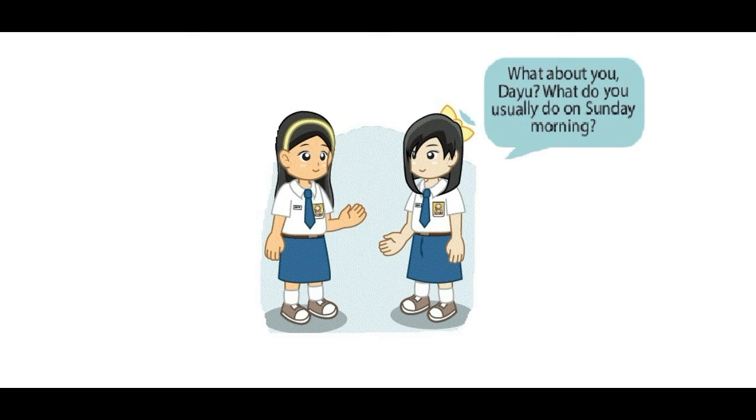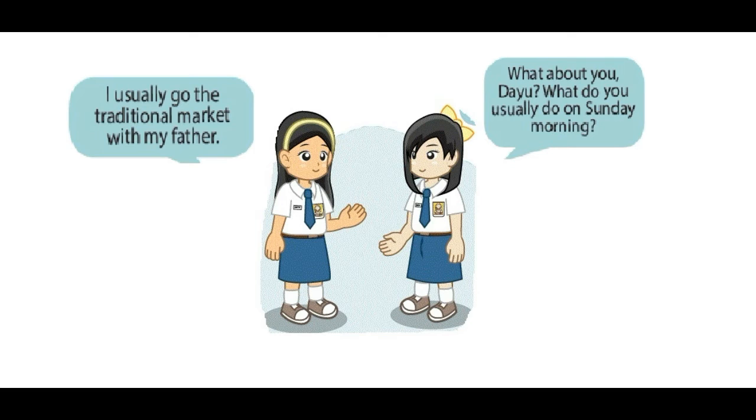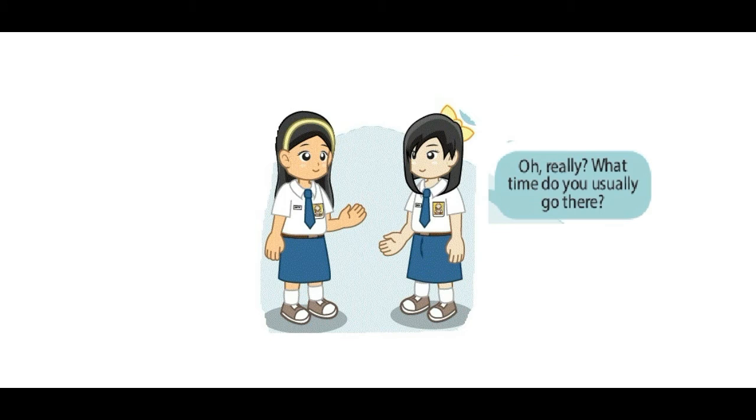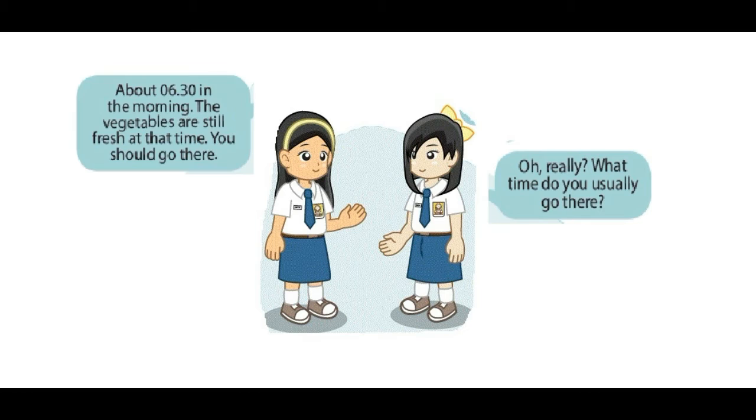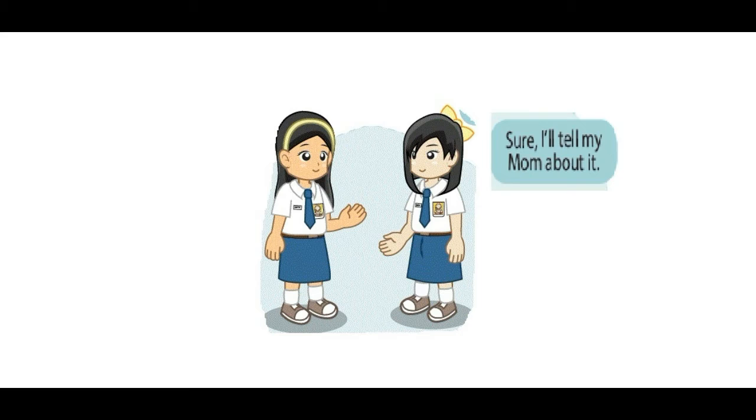What about you, Dayu? What do you usually do on Sunday morning? I usually go to the traditional market with my father. Oh, really? What time do you usually go there? About 6:30 in the morning. The vegetables are still fresh at that time. You should go there. Sure, I'll tell my mom about it.